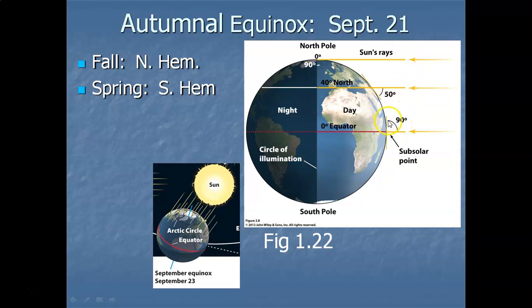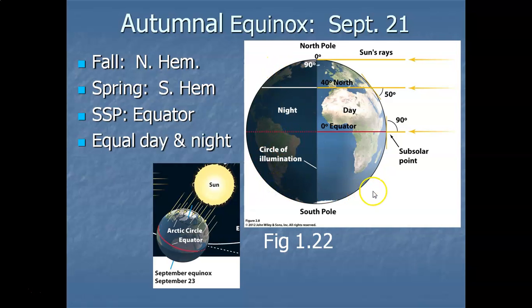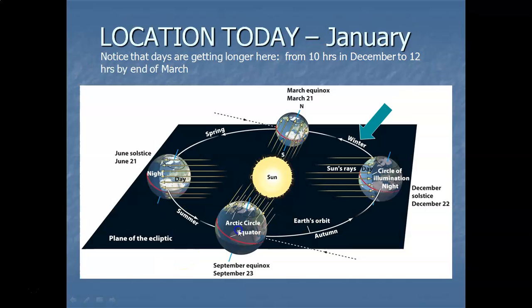And the subsolar point on this day has made its way back to the equator, and everything now is back to 12 hours of day and 12 hours of night. And the situation is the same. We're just looking at the side view. Now, what we're going to do now is just finish off the 3 months of fall, all right, and go back to where we began.